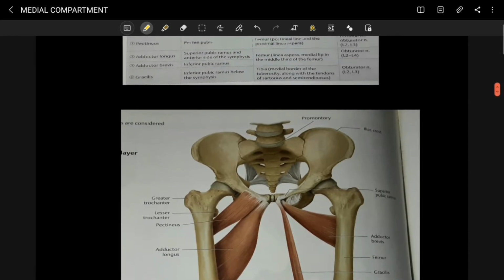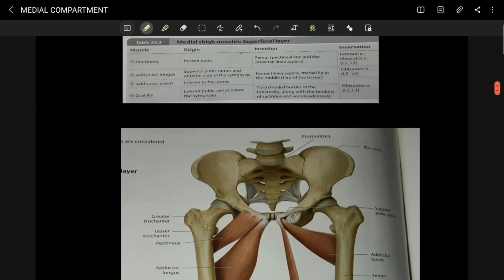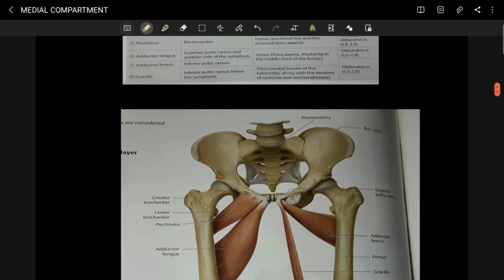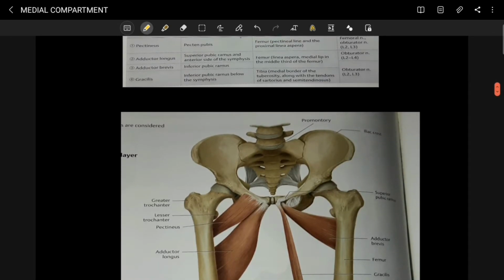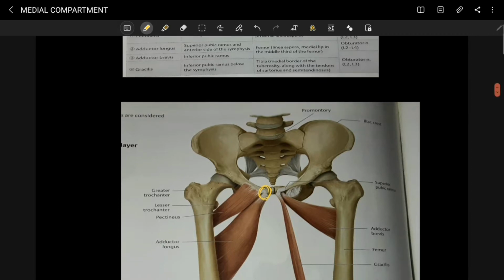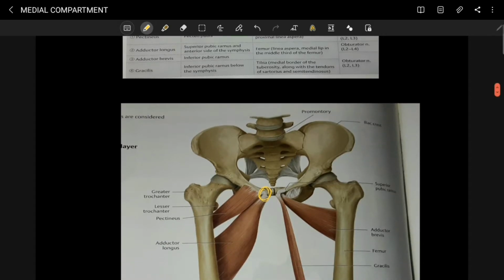Let's look at its origin and insertion. Adductor longus originates at the superior pubic ramus, right here. As I told you in the previous one, this is the pubic ramus. It originates at the superior end of the pubic ramus and at the anterior side of the pubic symphysis.